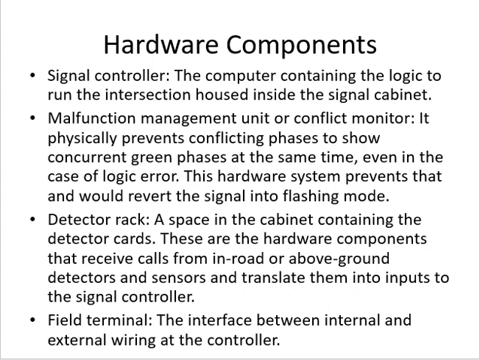Now we are going into more detail on the hardware components. We have a signal controller. Most of them, as you would see, are in the controller cabinet, which I mentioned earlier. The signal controller is the computer containing the logic to run the intersection, housed inside the cabinet.